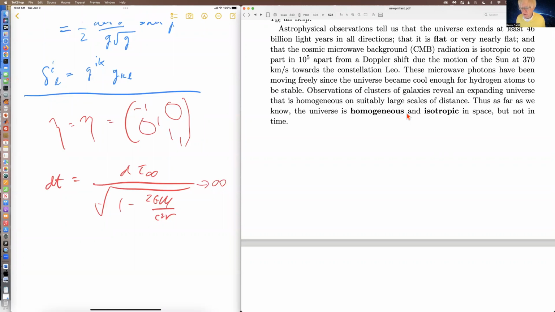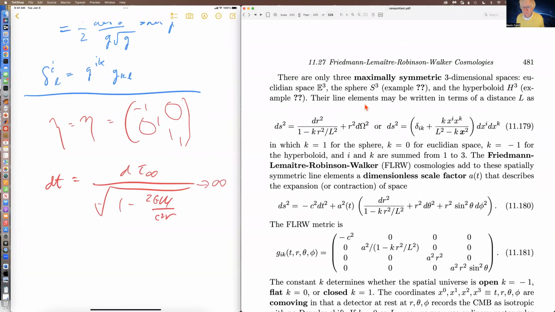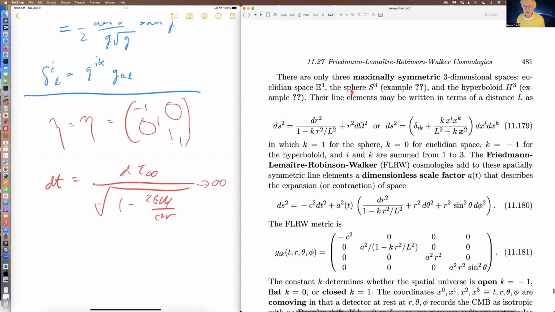So the assumptions are the universe is homogeneous and isotropic, and there are, sorry about the question marks, three maximally symmetric three spaces: the Euclidean three space, the surface of the three sphere, so the surface of a sphere in four space dimensions, but that sphere in four space dimensions is a three-dimensional surface, so that's one, that's the model of a closed universe.